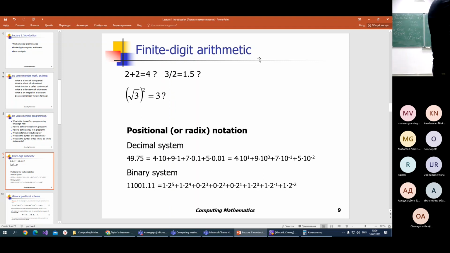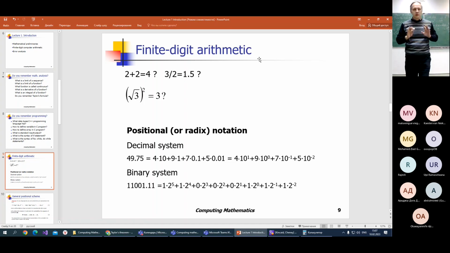But in the computer, we have only a fixed number of digits after the decimal point. That's why square root of 3 raised in square will be 2.99999 or 3.0000000 and 1 something. No, we will never get 3.